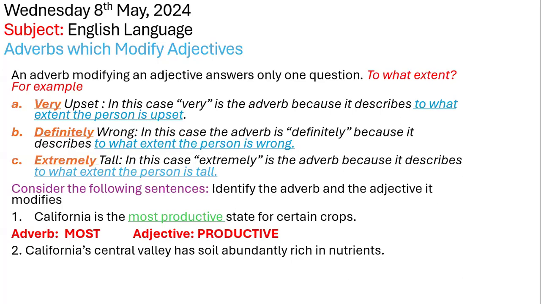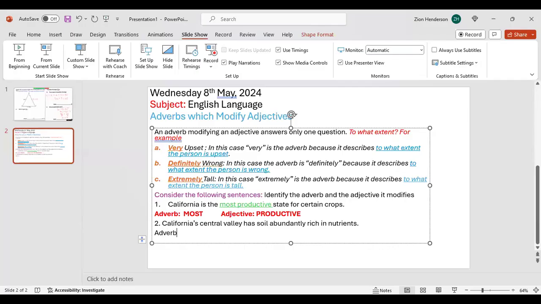So the adverb is abundantly because it tells us to what extent the soil is rich.